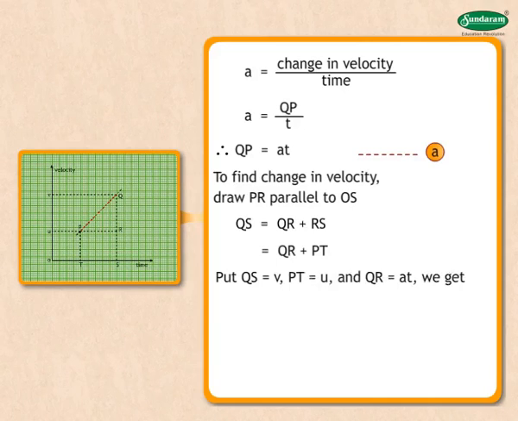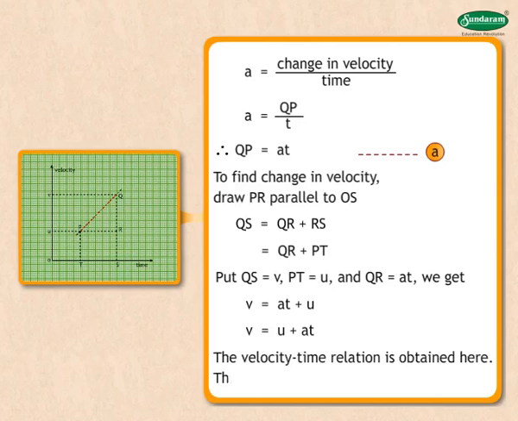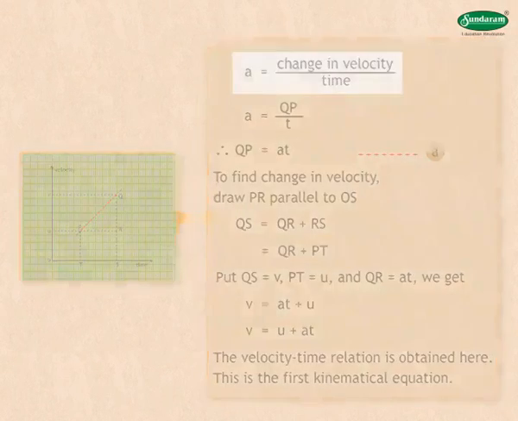We get v is equal to a multiplied by t plus u, or v is equal to u plus a multiplied by t. The velocity-time relation is obtained here. This is the first kinematical equation.